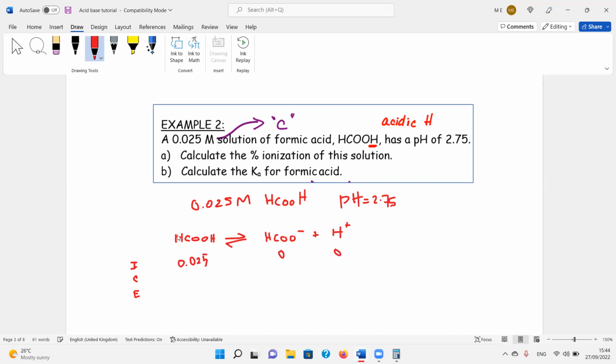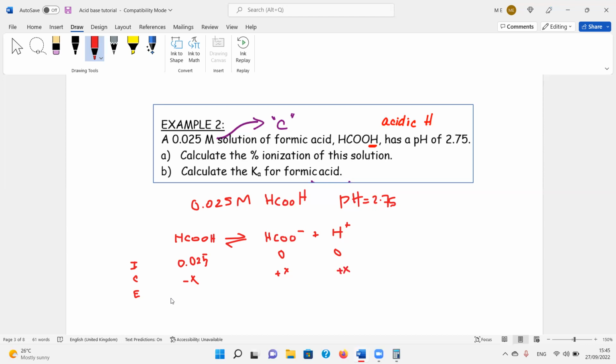The second step in the ICE table is to plug in this value, minus X, and here plus X, and here plus X. So what is X? X is the amount that will dissociate from this one, which will increase in the solution the number of moles of the negative ion and the positive ion.